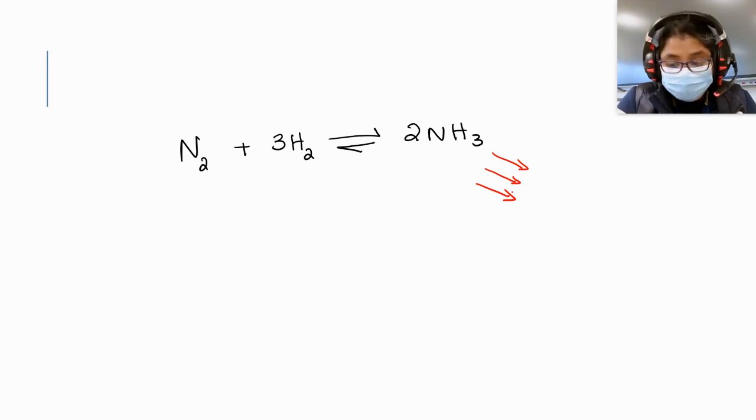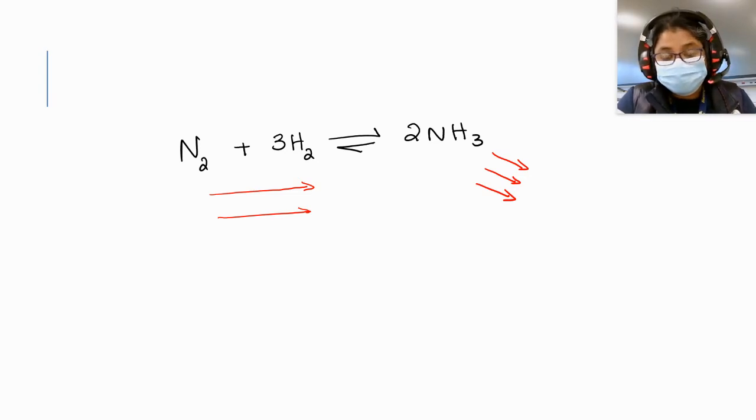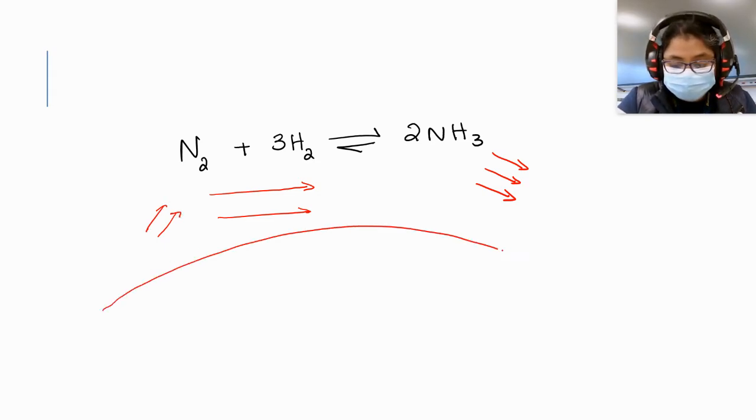That means if you keep removing the ammonia, you are basically pushing the reaction forward, because more N2 and H2 would combine to form more ammonia to reestablish the partial pressure that was removed from the ammonia.